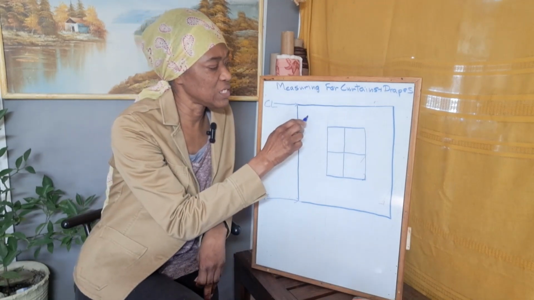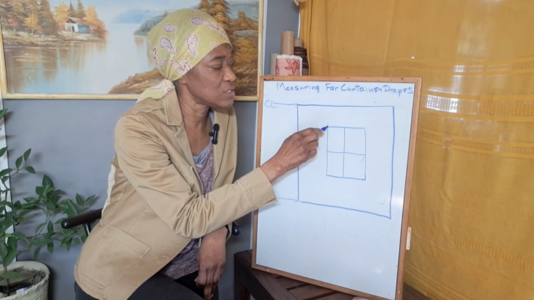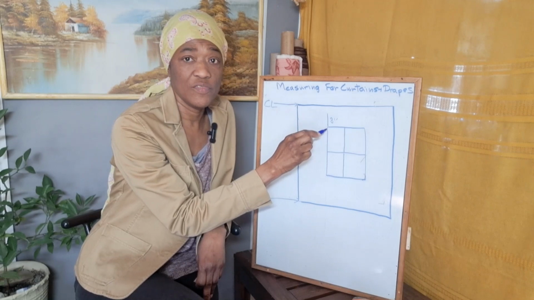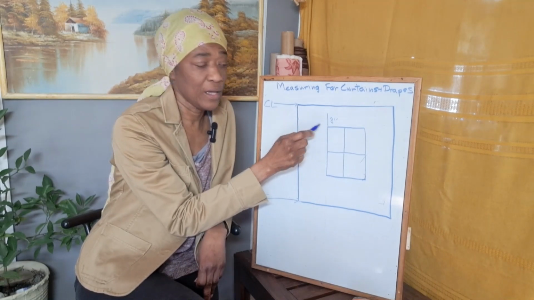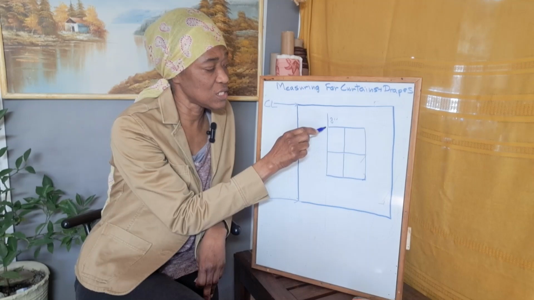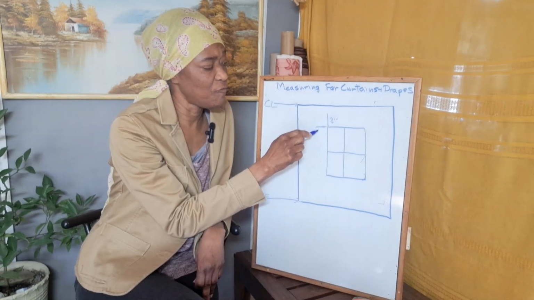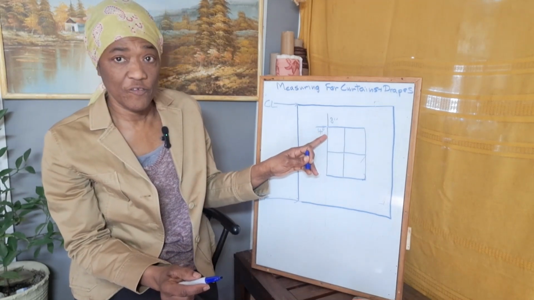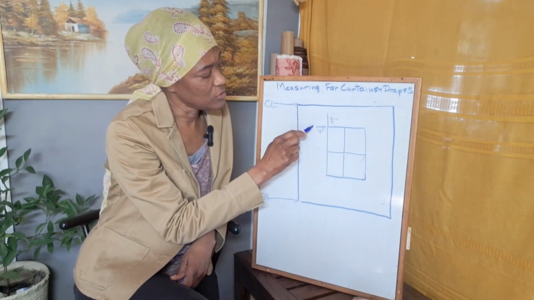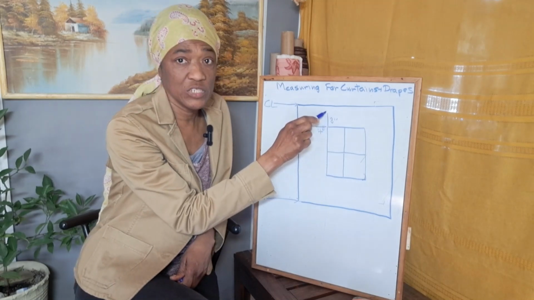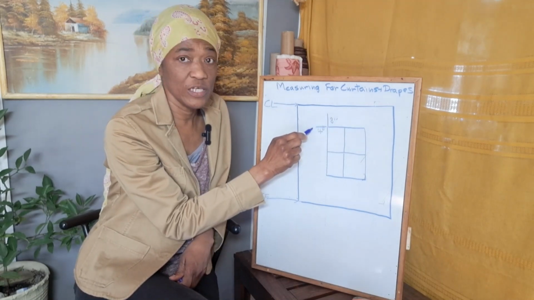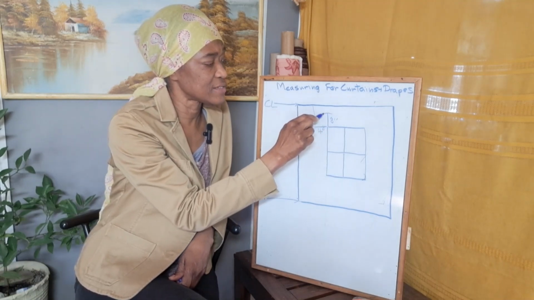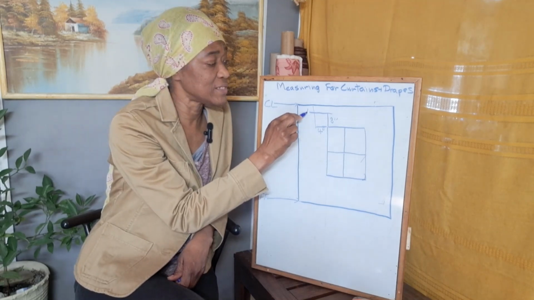Take, for example, we need the curtains to sit just about 8 inches from the window frame, and we need them to sit off to the side above 4 inches from the frame. Then what we'll do is measure up 8 inches here, measure across 4 inches here. Wherever the line intersects, that is your point A.